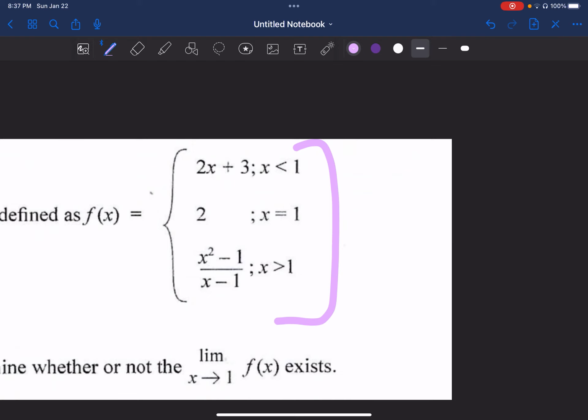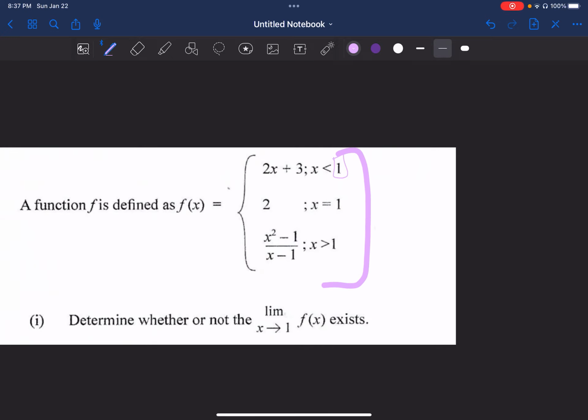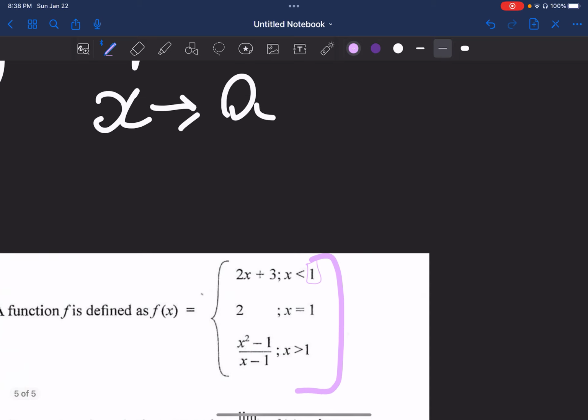When x is less than 1, so right here, as you see, x is less than 1. A lot of people would think, okay, if x is equal to 1, we'll just plug in 1 and it will equal 2. Well, that's not actually the case. What we're saying is that when x is less than 1, on a graph, as I stressed earlier, we'll have 1 here.